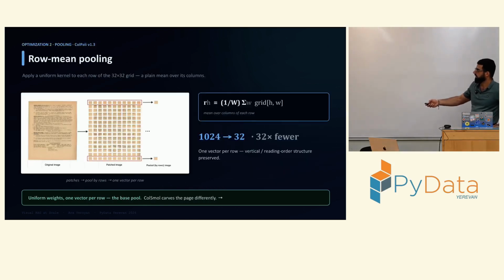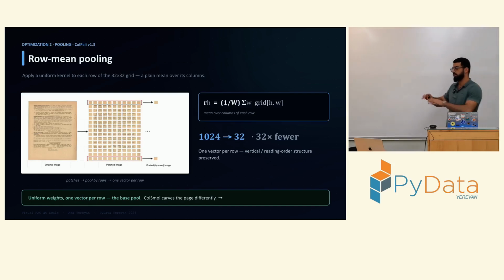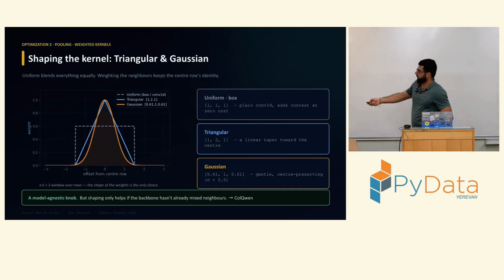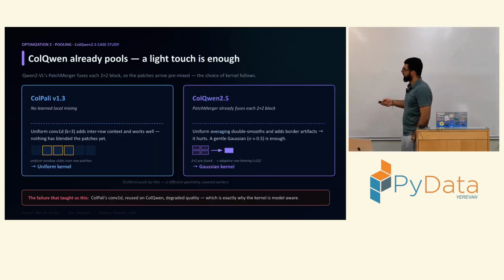Why? Because all these patches are disconnected. They are not overlapping patches, and the underlying model that operates over them, in contrast to, it will be easier to put it this way, this ColQwen, which has an internal patch merger. If you go and investigate their code in the architecture, you will see they have a separate module called patch merger, which for some reason has a pooling or merging layer on its own.